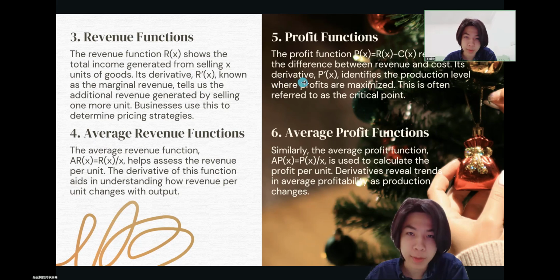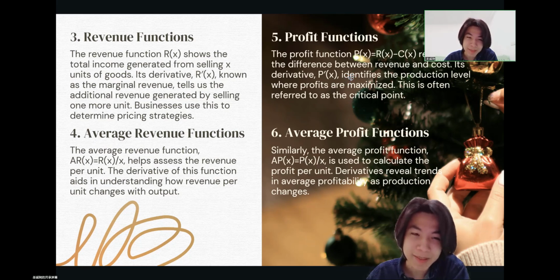Its derivative identifies the production level where profits are maximized. This is often referred to as the critical point.